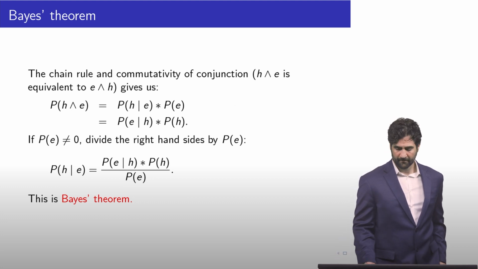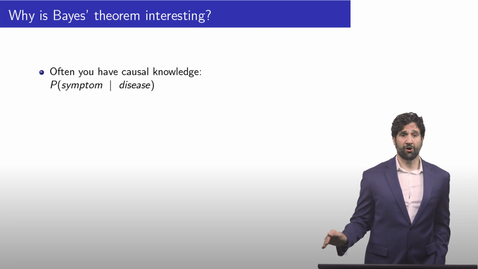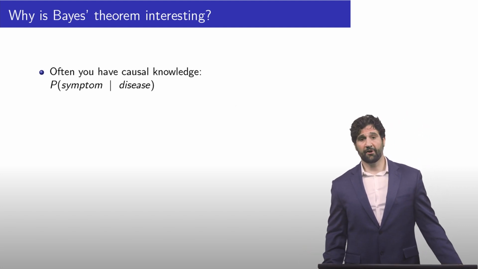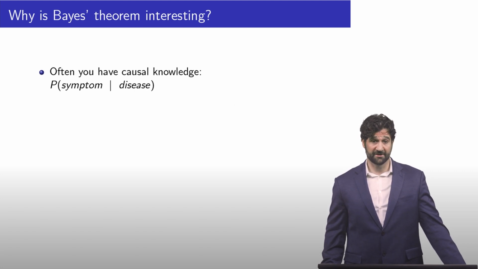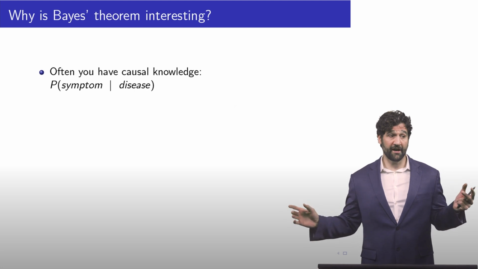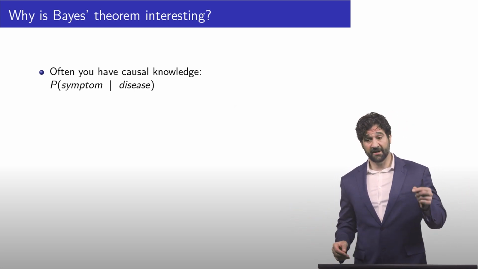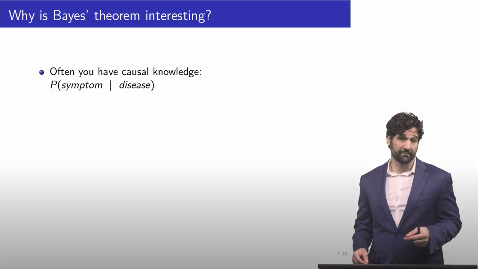Well, let's talk about that. Oftentimes we have causal knowledge, like the probability of observing a symptom given that someone has a disease. Let's say we have a whole bunch of people that have colds, and only a subset of them have a high fever.